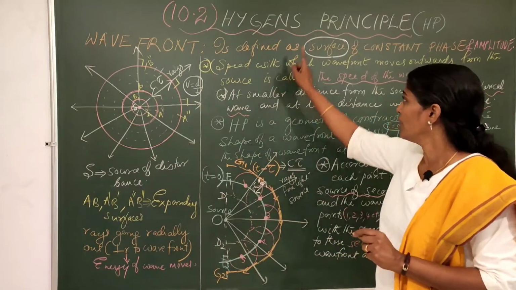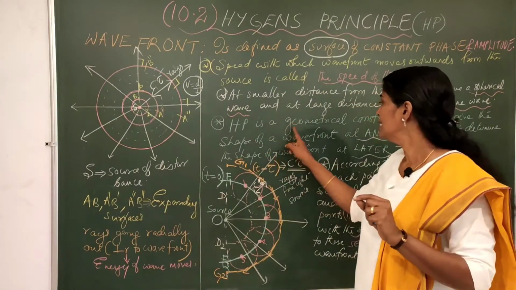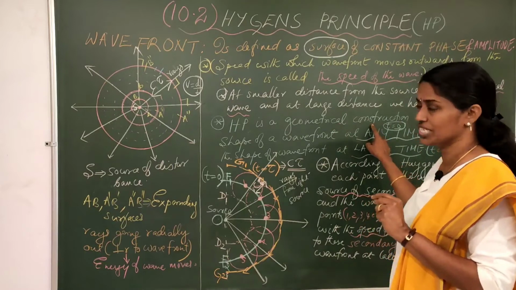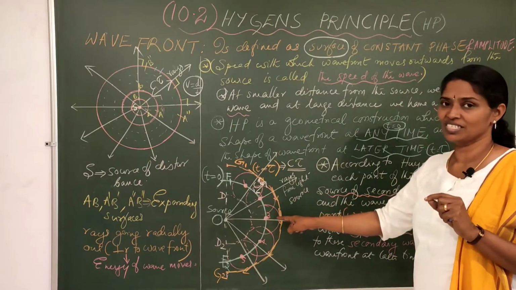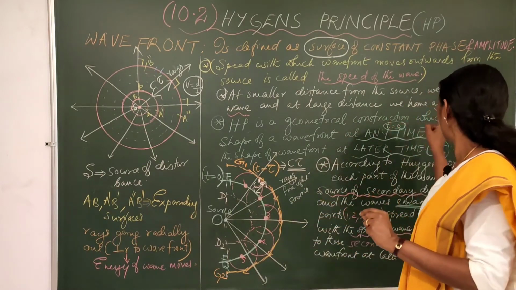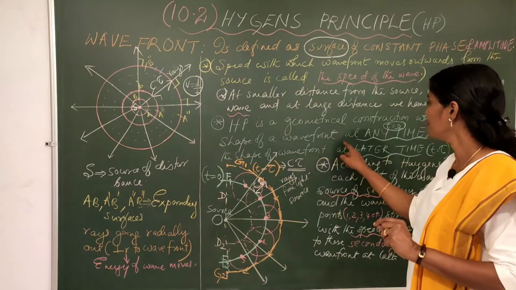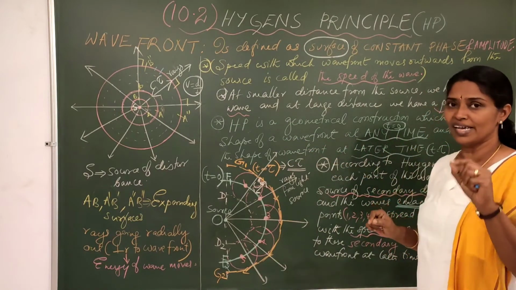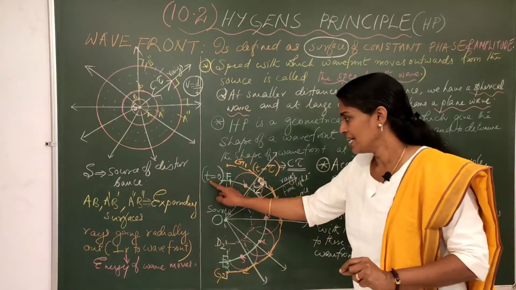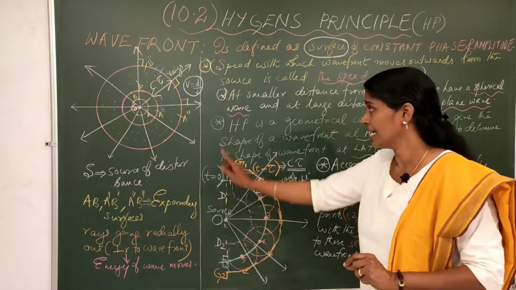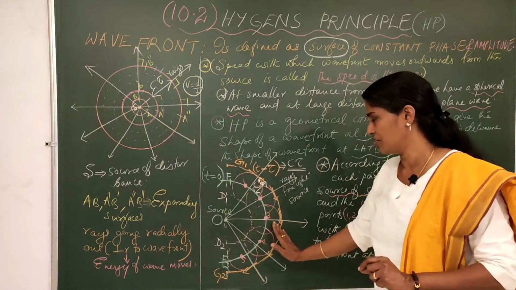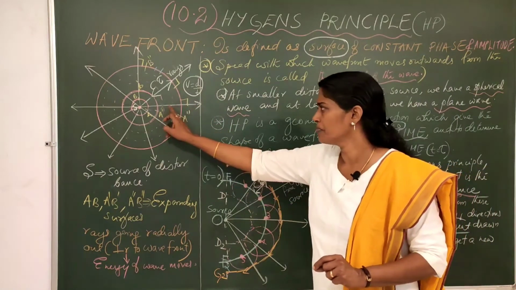Okay? Now HP means Huygens principle. This is a geometrical construction. It's just a construction, a figure which gives the shape of the wavefront at any time t equal to 0. At t equal to 0, you have a wavefront, exactly the same thing redrawn. Here this magenta, these rays.